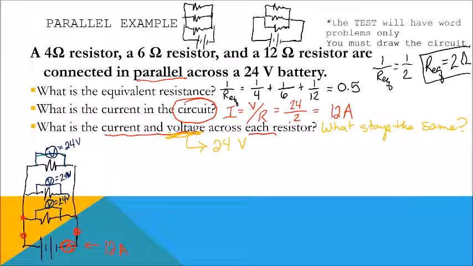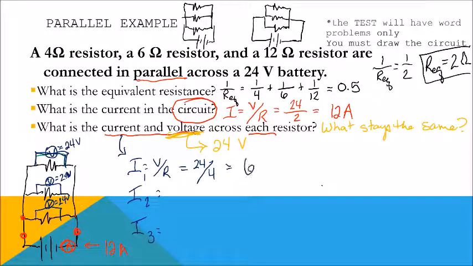So now we need to calculate the current. So current is going to be different. Current equals voltage divided by resistance. And we have to do that for each resistor. The voltage across the first resistor is 24 because we're in parallel and the voltage will remain the same. And the resistance is 4, so we get 6 amps of current.